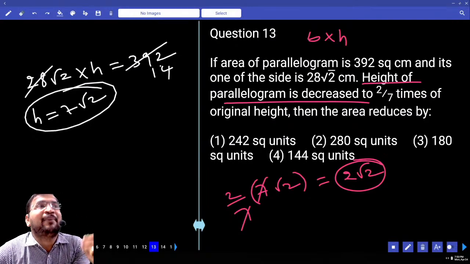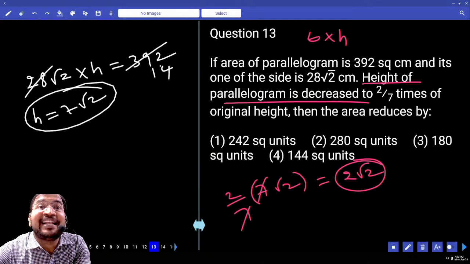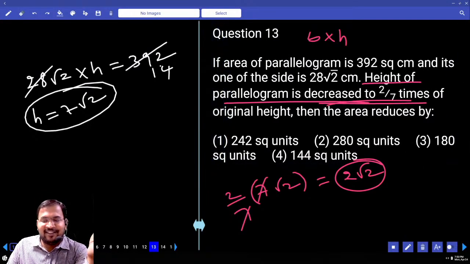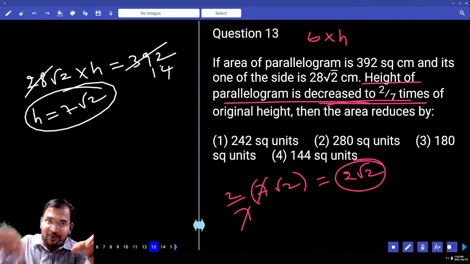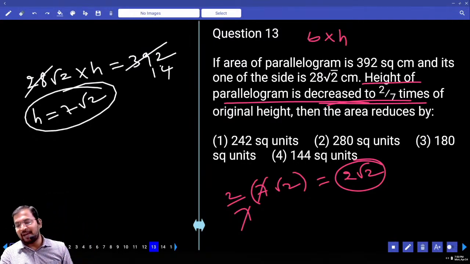If they had given decreased by 2 by 7 times, then the remaining is 5 by 7. Increased to and increased by are different. Decreased to they have given. Are you clear, Nana? Decreased to 2 by 7 times of the original height. The original height is 7 root 2. Now the area is reduced by how much?